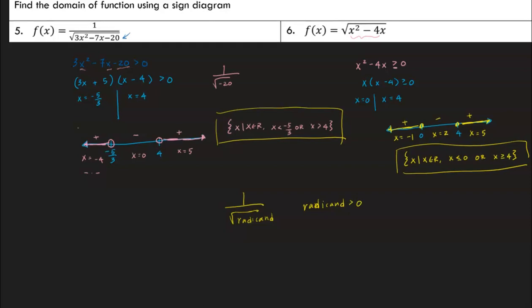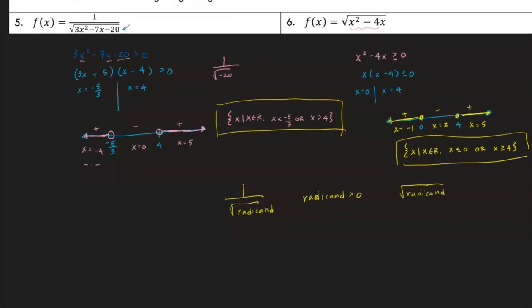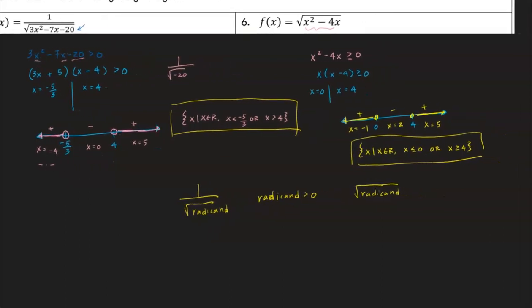Because it can't be 0 and it can't be a negative. If you have just a square root and a radicand, such as this, just like number 6, then you'll have to have a radicand that has to be greater than or equal to 0.